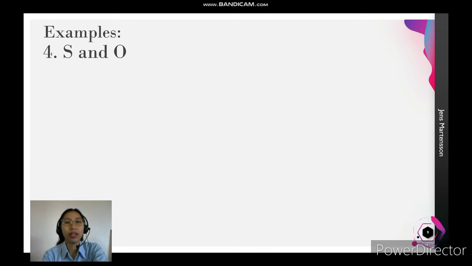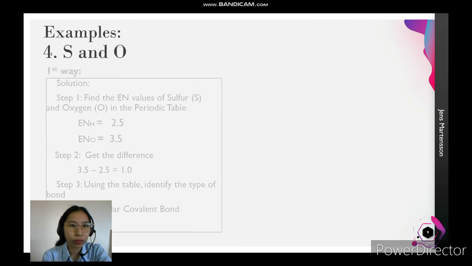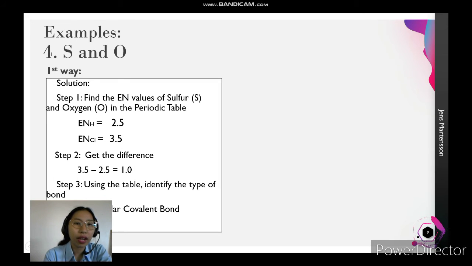Next is a bond between sulfur and oxygen. So what could be the type of bond for these two atoms? So first way, find the electronegativity value of S or sulfur. Uy, sorry, wala na ako na edit. EN of S dapat ni for sulfur.